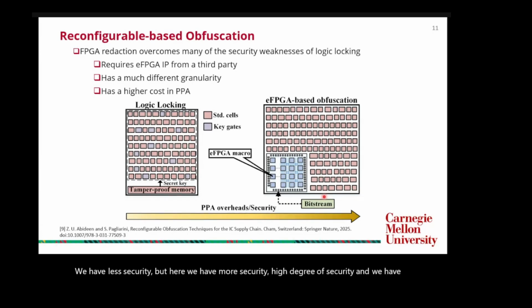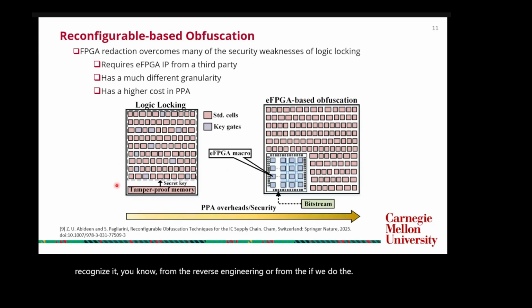And the eFPGA is coarse grain. Coarse grain means that it is placed there, it is stuck there, the logic is combined, it's not spread over the layout, and someone can easily recognize it through reverse engineering or SEM images, for example, of the layout.